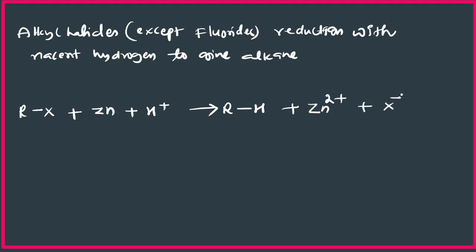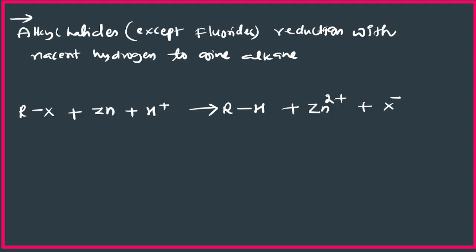So what is the mechanism involved in the reduction of alkyl halide? Now, the mechanism. Zinc is converted to Zn2 plus by loss of 2 electrons.